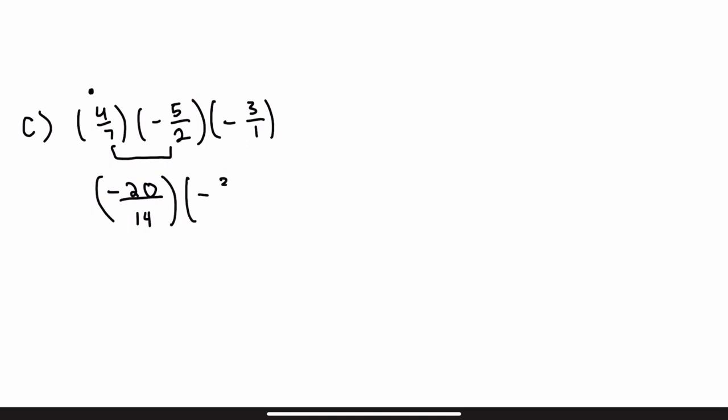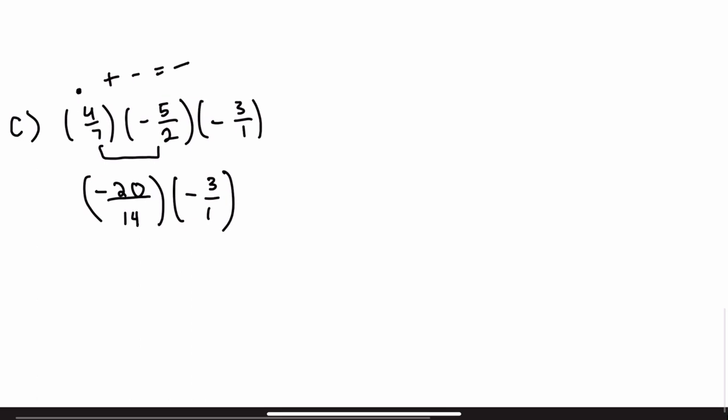And now we're going to write the original fraction. And over here, this is minus because remember, plus and minus give us minus still. So, minus 20 times minus 3 is simply 60. And 14 times 1 is 14, guys.